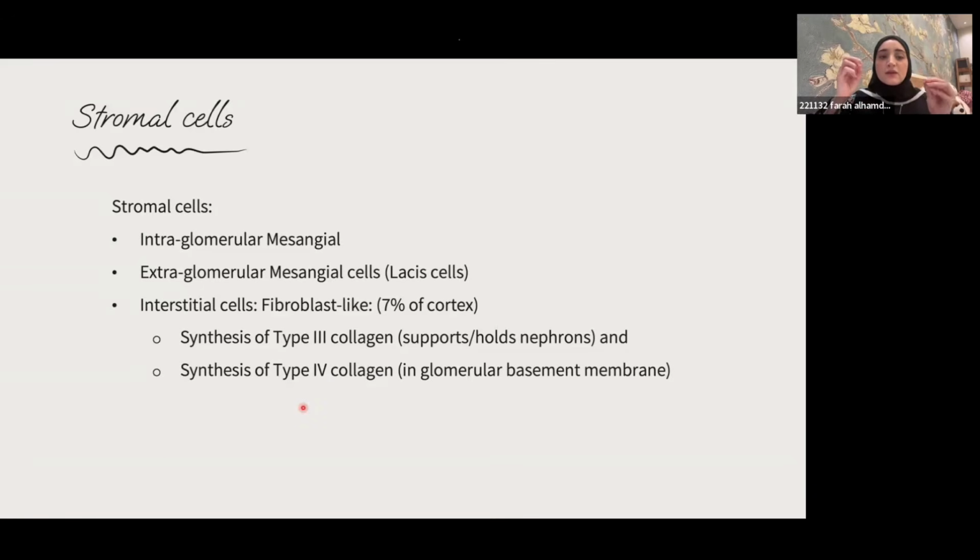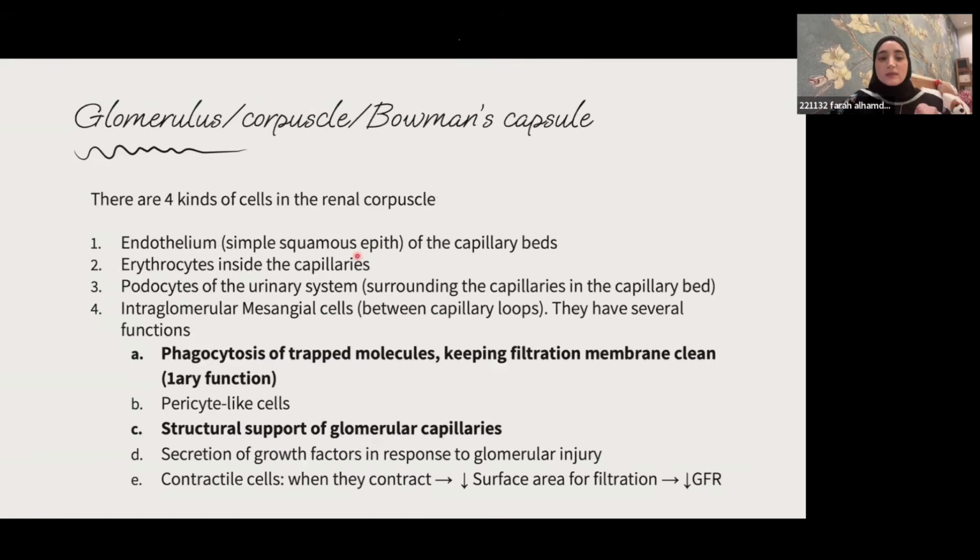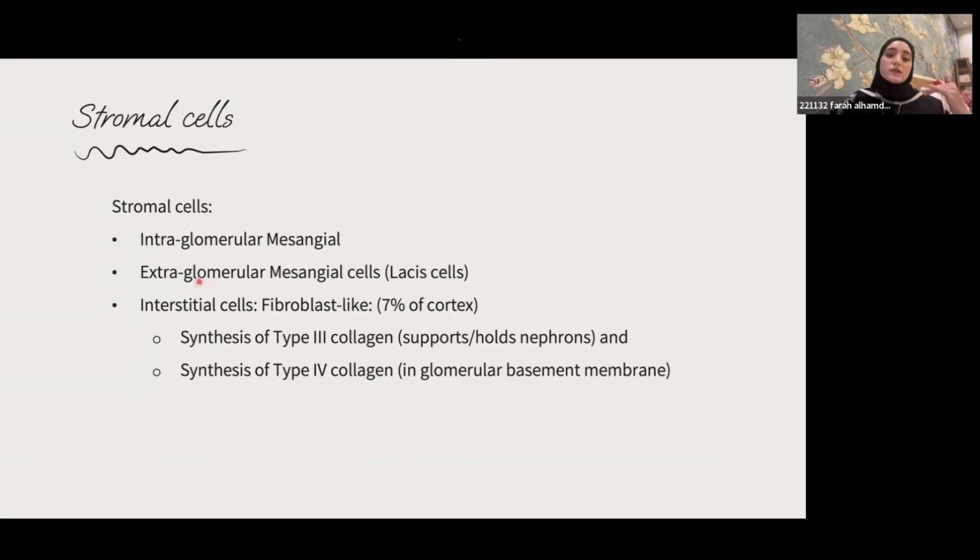The stromal cells, we have several. We have the intraglomerular mesangial cells that I mentioned here. And then we have the extraglomerular, which are called Lacis cells. And then we have interstitial cells that are in the cortex, or like in the rest of the kidney. Interstitial cells are mainly fibroblasts. We learned that from foundation, I guess.